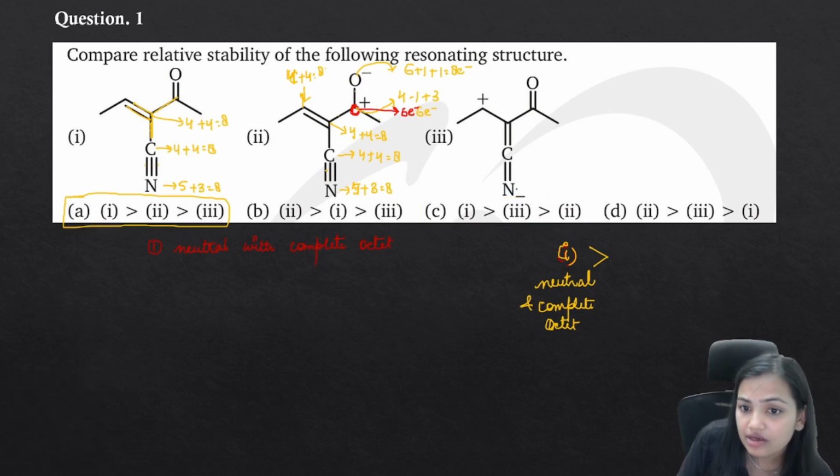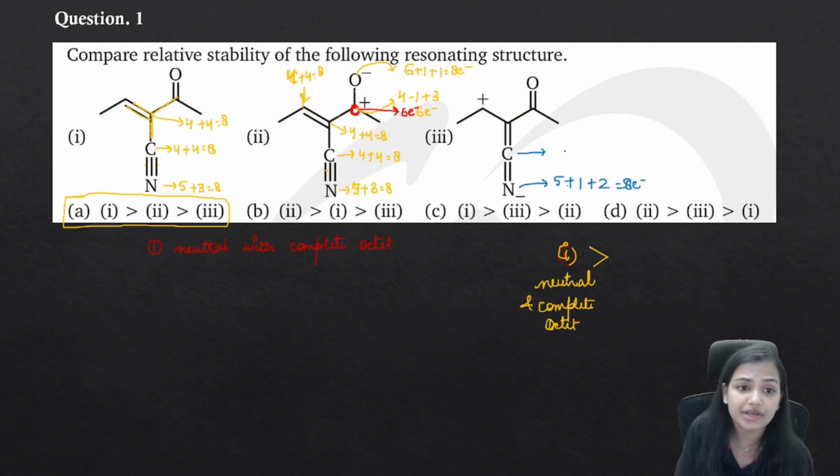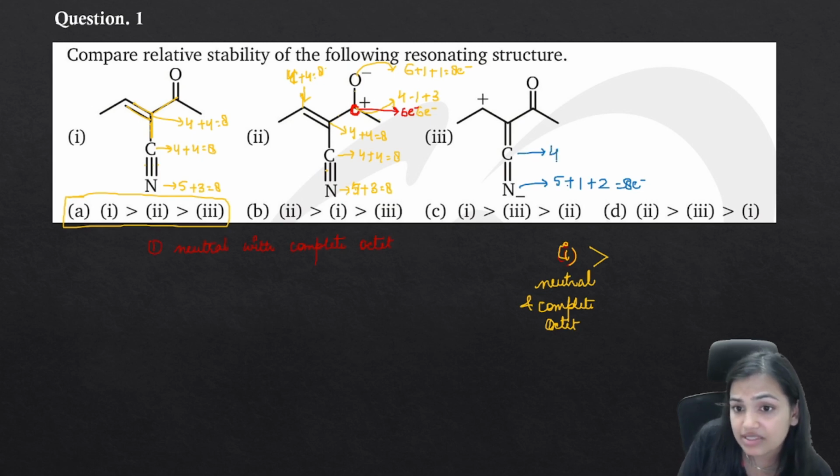This nitrogen has 5 valence electrons, plus 1 for the negative charge, plus 2 from sharing, so 5 plus 1 plus 2 is 8 electrons. Yes, it is time consuming, but when you practice, you will speed up. Now the carbon has 4 valence electrons, and 4 from sharing, so 4 plus 4 is 8.